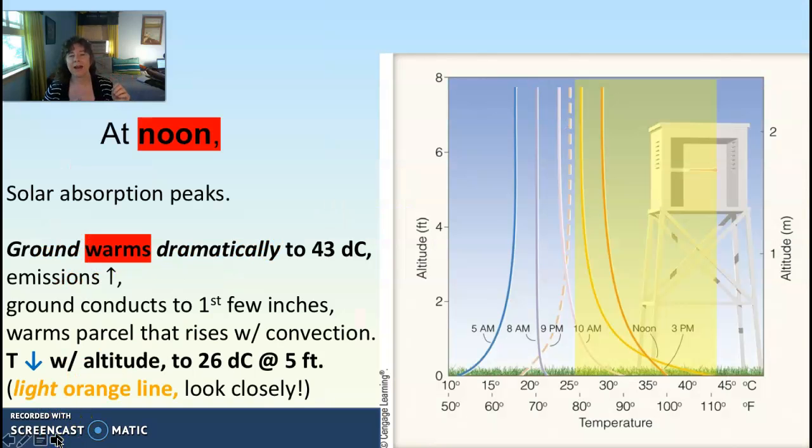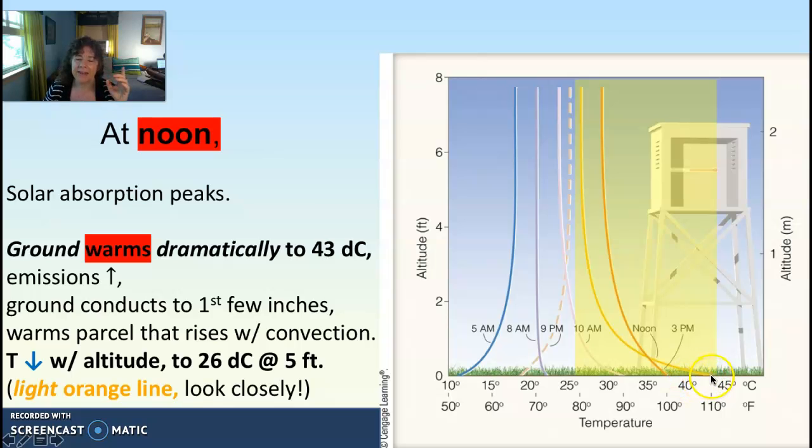But the temperature is rising. If we look at our temperature over altitude, things have changed quite a bit. Look at the highlighted area now. We've got a temperature at noon that is the line that is this yellow line here. And this temperature at noon at the surface has skyrocketed with the peaking absorption that's at the surface.